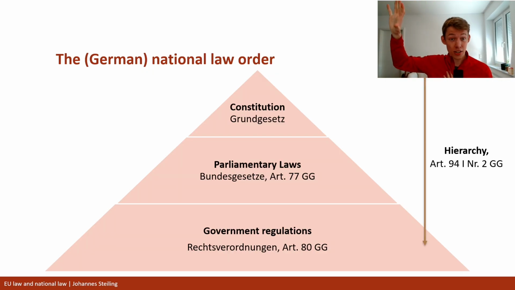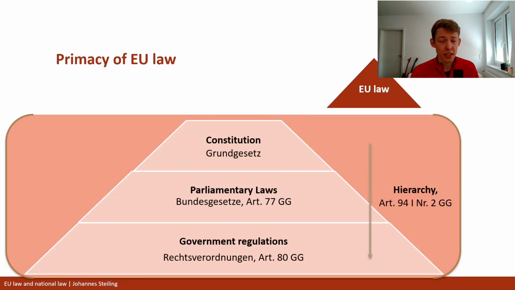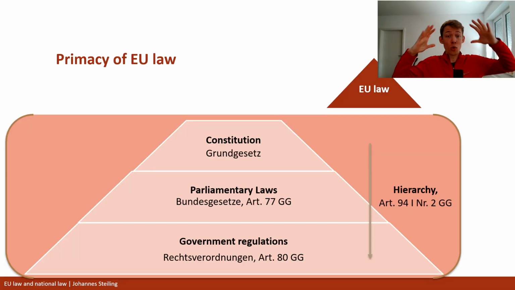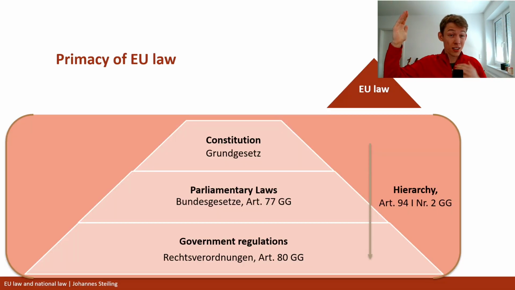Is EU law higher? Is it the top of the pyramid? Or is it something else? This is kind of unclear, but it is mostly agreed that the ECJ has, as we've talked about, defined the primacy of EU law in a way that means EU law is not hierarchically more important than the national legal order, but it sits on the side and it can disapply the national legal order.